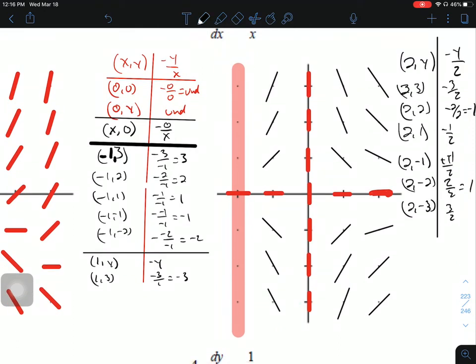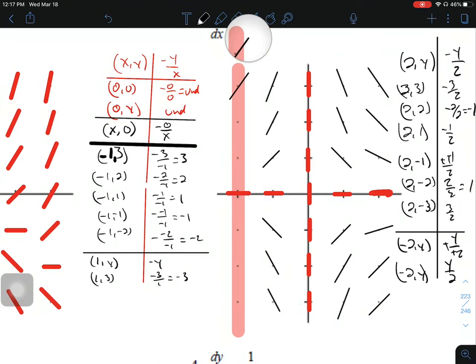And in those cases, the x value is negative 2 each time. So that means if we have negative y over negative 2, those cancel. So essentially we're saying it's just going to be y over 2. Just take the y value and divide it by 2. That's what we're saying. So here, 3 divided by 2 is 1.5.